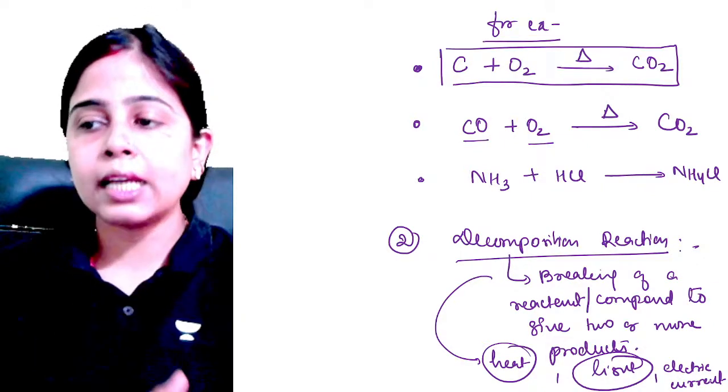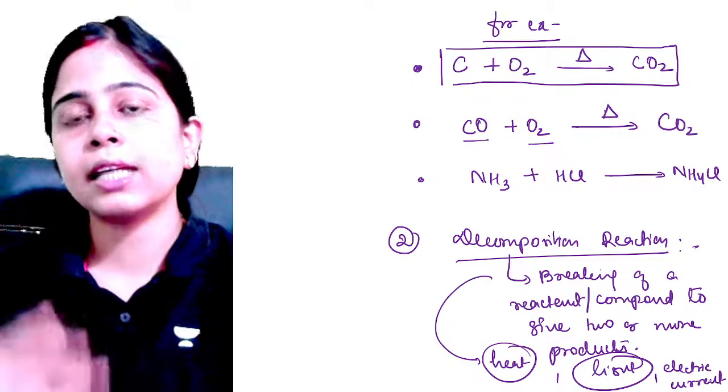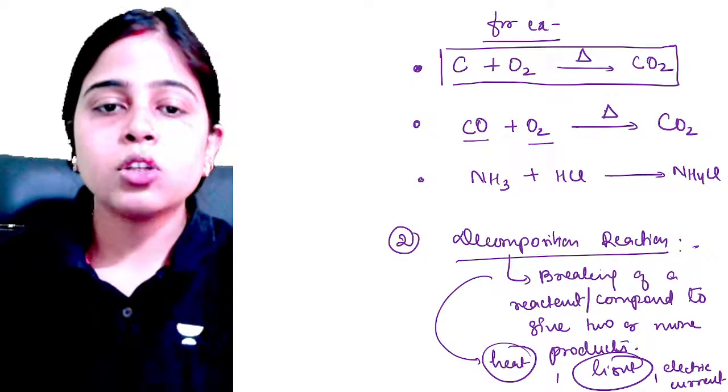So that can be heat, light, or electric current. On the basis of the sources of energy that we use to break down the reactant, there are different types of decomposition reaction.